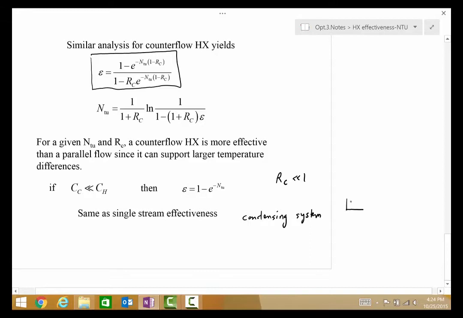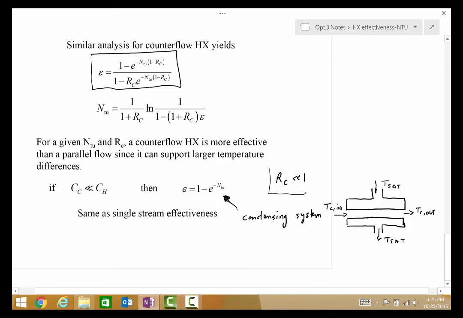If you recall, that condensing system we talked about some time ago, where we had a single stream, the T sat, T cold in, T cold out. So for that problem, we had this really simple result for epsilon, and for that we can now see it is a capacity ratio small condition.